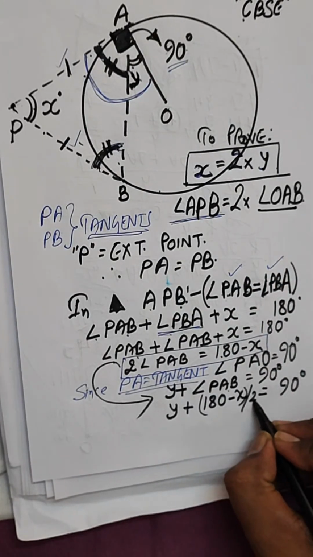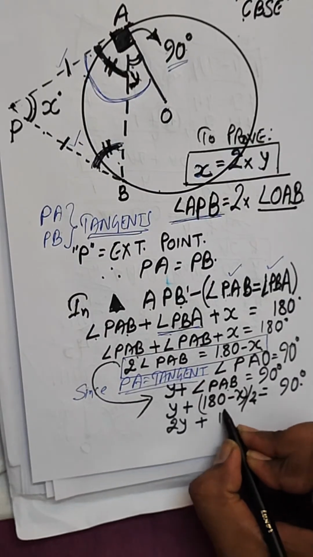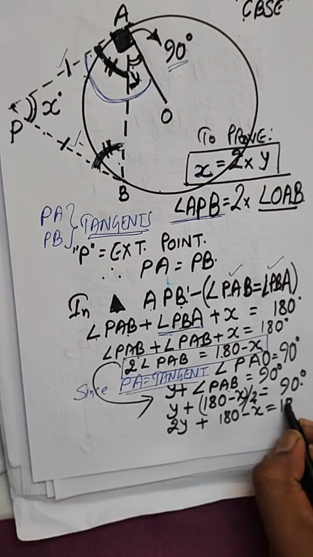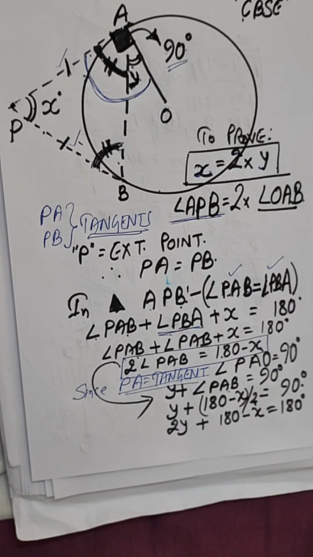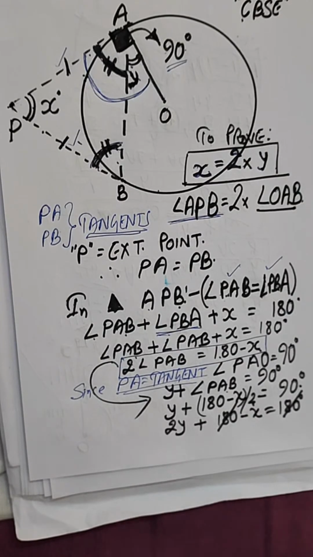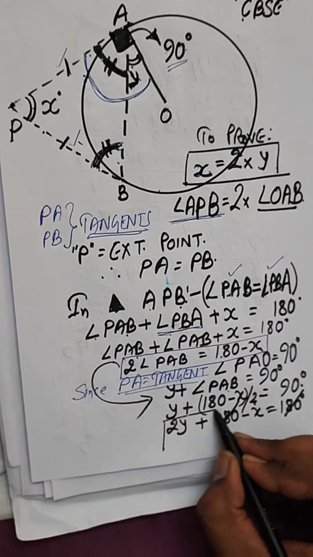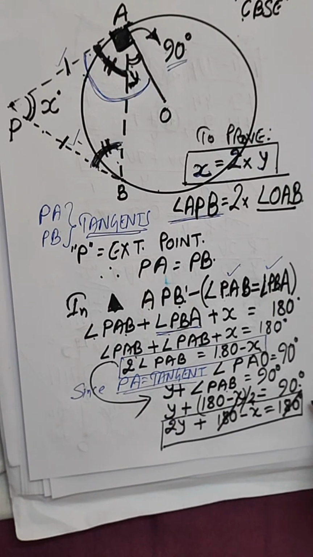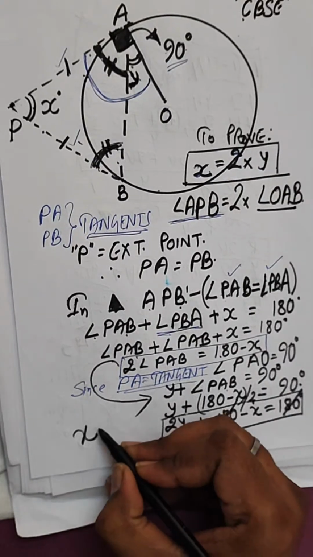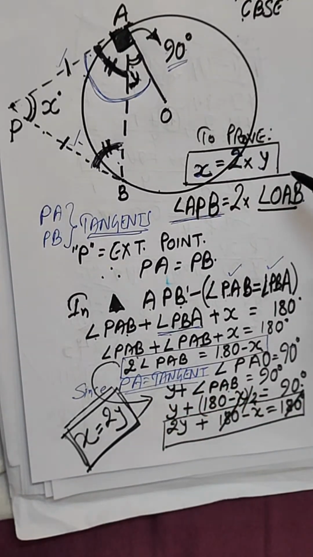The 2 goes to the RHS and multiplies with 90, so 2y plus 180 minus x equals 180 degrees. The 180s cancel, and we are left with 2y minus x equal to 0, which gives x equal to 2y, which was to be proved.